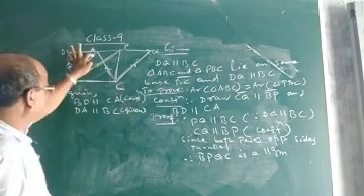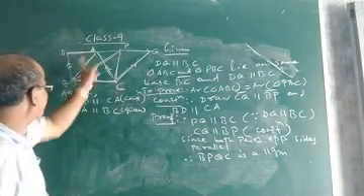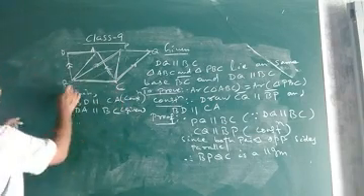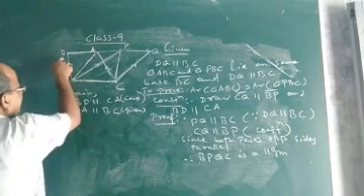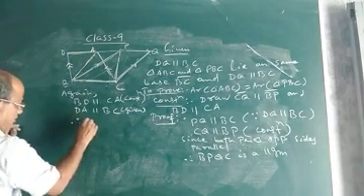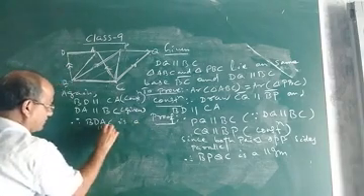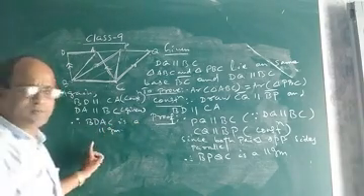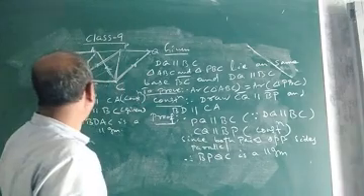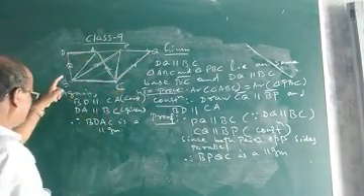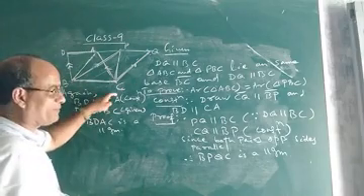So BD parallel to CA by construction, and DA parallel to BC, it is given. Therefore, BDAC is a parallelogram. So what did we prove, children? We proved that BPQC is a parallelogram and BDAC is a parallelogram.